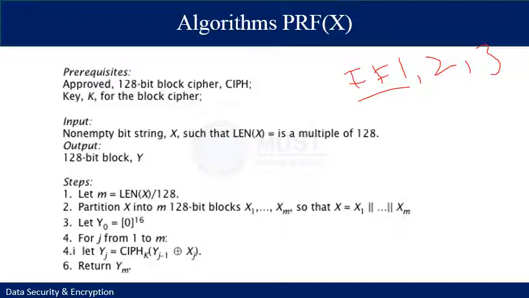To achieve this, the round function uses the cipher block chaining (CBC) style of encryption, whereas FF2 and FF3 employ simple electronic codebook encryption. On the other hand, FF2 uses a subkey generated from the encryption key and the tweak, whereas FF1 and FF3 use the encryption key directly.